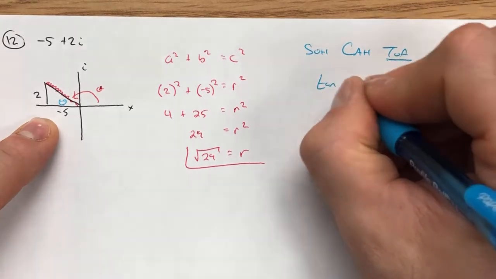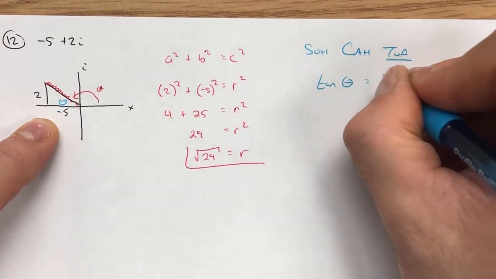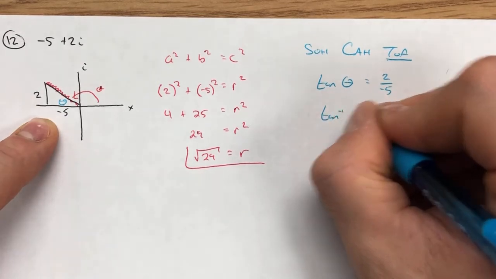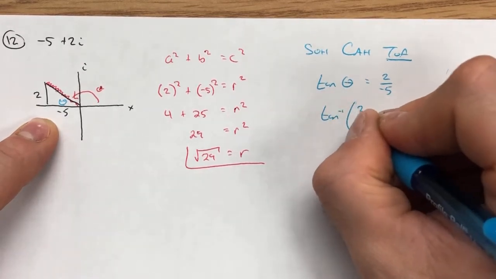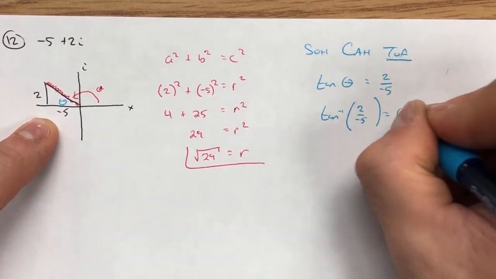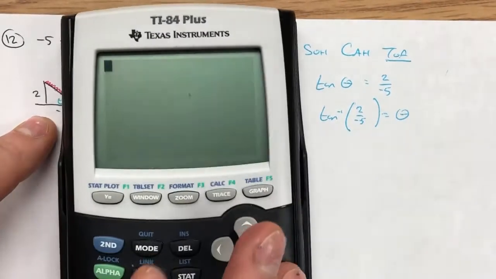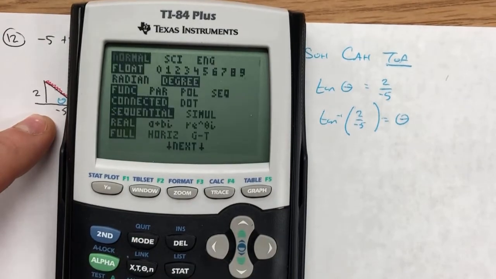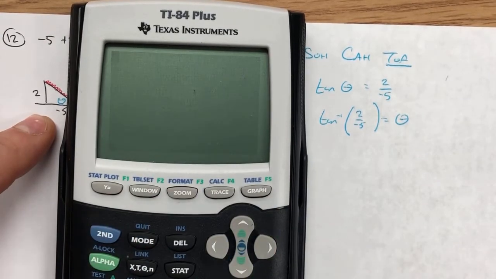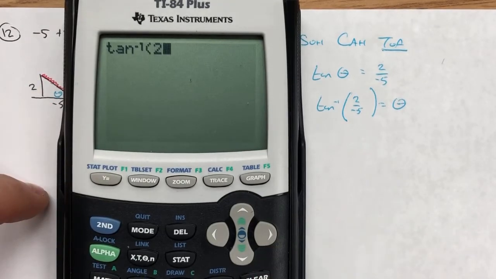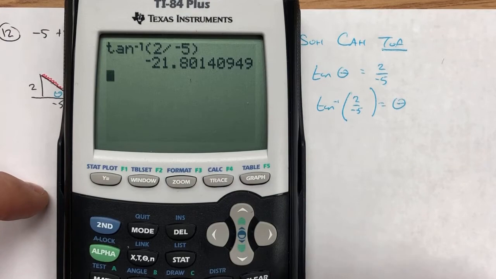So the tangent of that angle is equal to 2 over negative 5, or the inverse tangent of 2 over negative 5 is equal to that angle. Okay, let's see what that angle is. Let's see what mode we're in. Okay, we're in degrees. So the inverse tangent of 2 negative fifths is going to be negative 21.